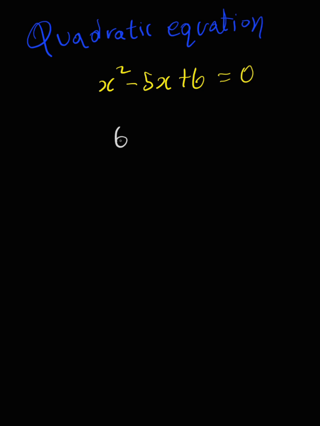Let's say I have a number 6. Now if I ask you what are the factors of 6? The factors of 6 are 2, 3, 1 and 6 itself. Now if I ask you, is 2 times 3 equal to 6? You will say yes, definitely 2 multiplied by 3 is 6.